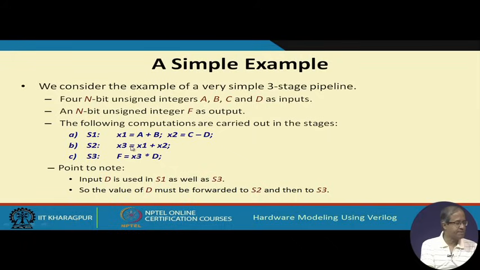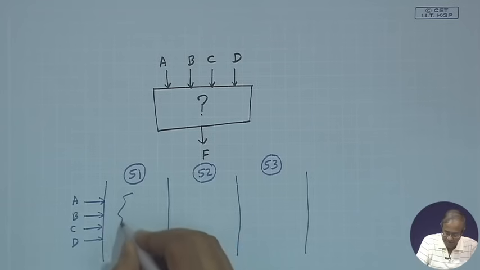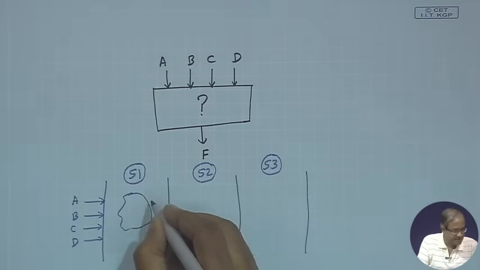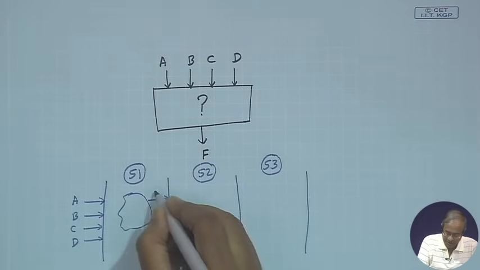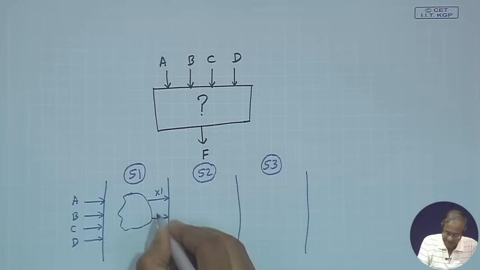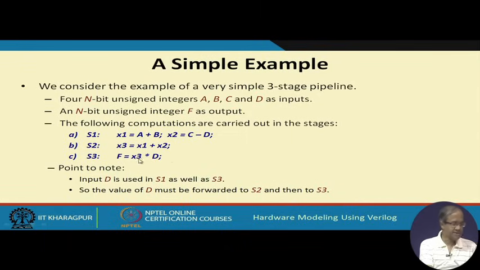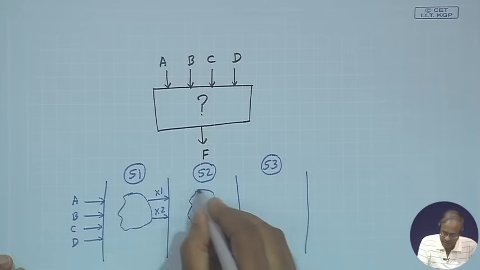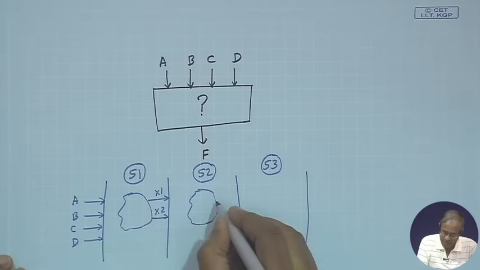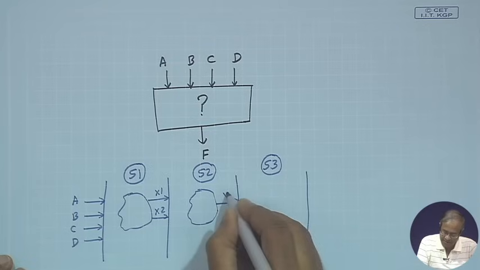So, next stage is computing x3. So, from here there will be some computation, this x1 and x2 will be forwarded to the next stage. Look at the third stage, it is taking x3. So, what is x3? x3 is computed in stage 2, it takes x1 and x2 as input, it computes another value x3.